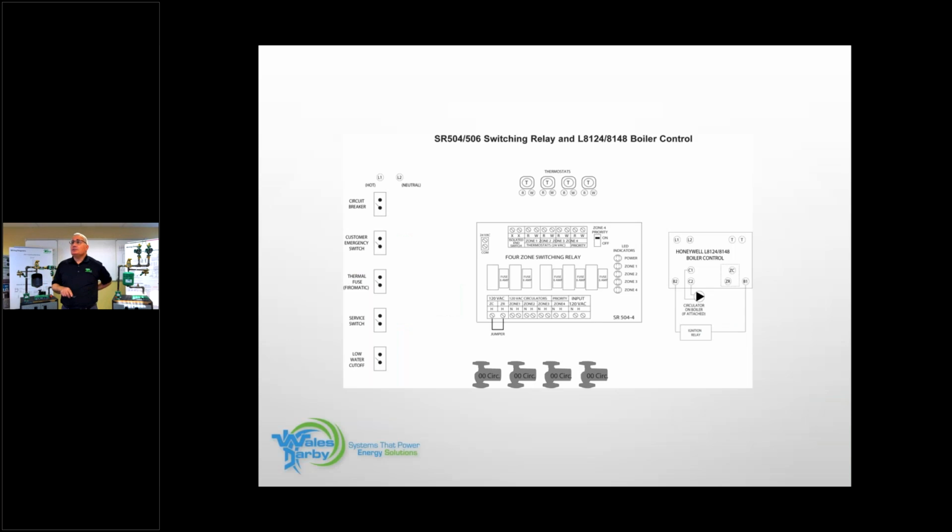So what you see here on the screen is an SR panel. This is where we use switching relays, and we're using it for circulators. And we're going to zone with circulators. And I'm going to press the button, and you're going to see the wiring come through. So we're going through everything with incoming power to the panel. You can see we're going through a low water cutoff, the service switch, that's at the top of the stairs, right?